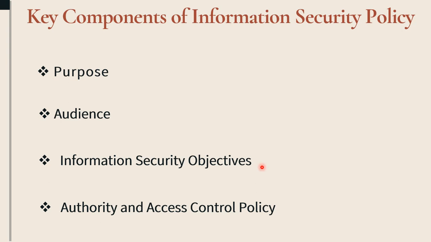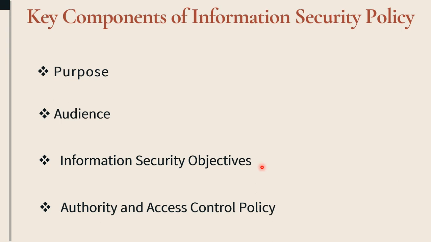The second component of information security objectives is integrity, meaning how accurate and complete the data is, how the information is integrated, which should be kept in mind. The third component is availability.